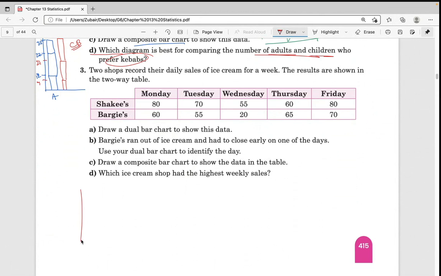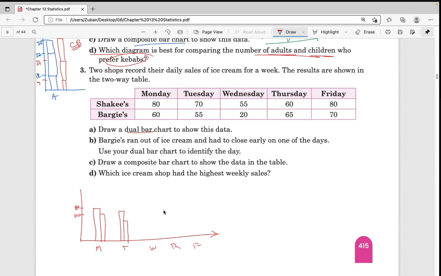So we are drawing a dual bar chart. There are 5 bars: Monday, Tuesday, Wednesday, Thursday, and Friday. On Monday, it is 80 compared to 60. Then on Tuesday, we have 70 compared to 55.